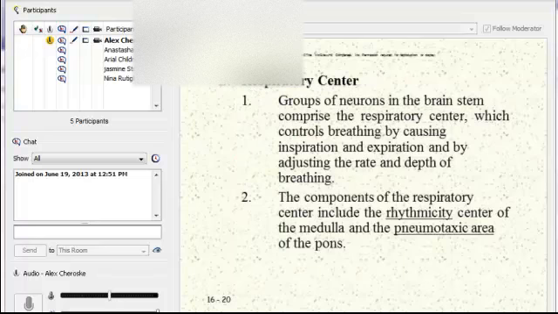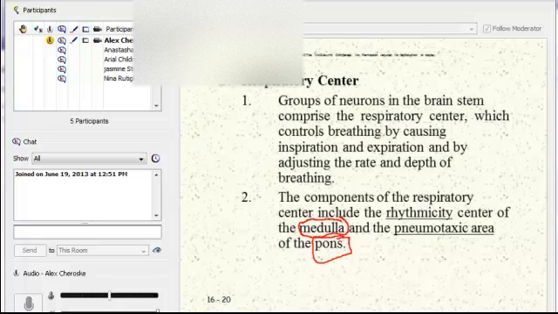Those respiratory centers are really centered in 2 areas: 1, the medulla oblongata, and 2, the pons. Now, this slide talks a little bit about rhythmicity, how many breaths you're going to take per minute, and a pneumotactic area.